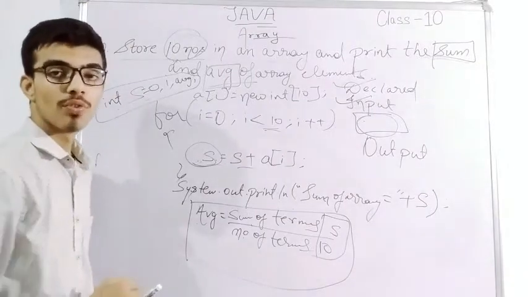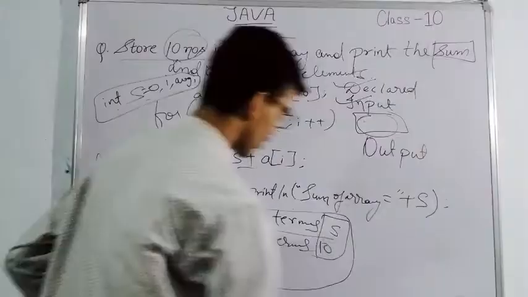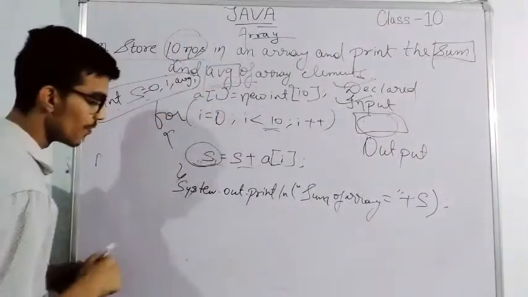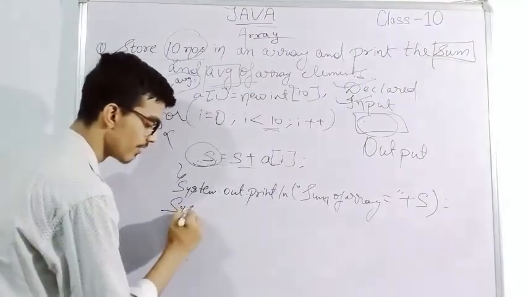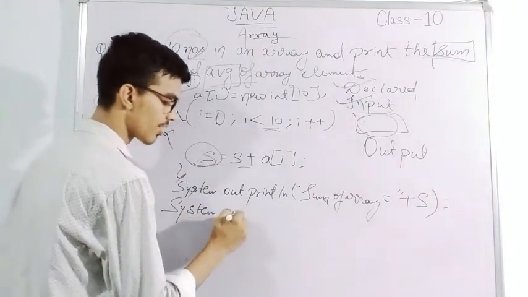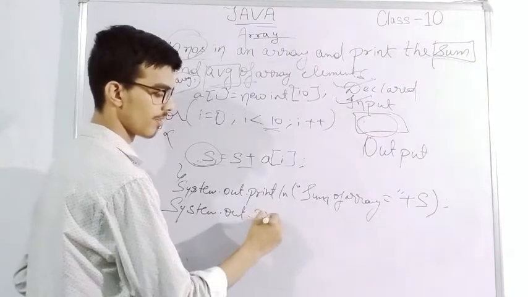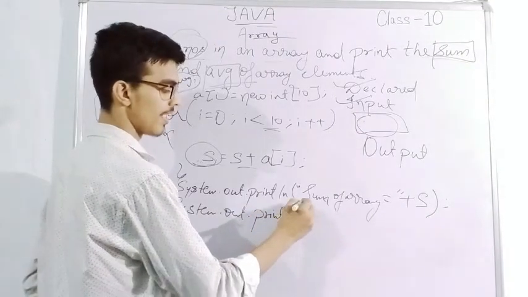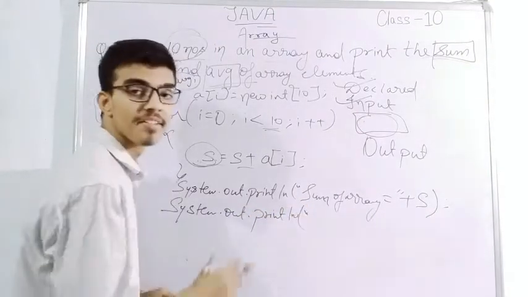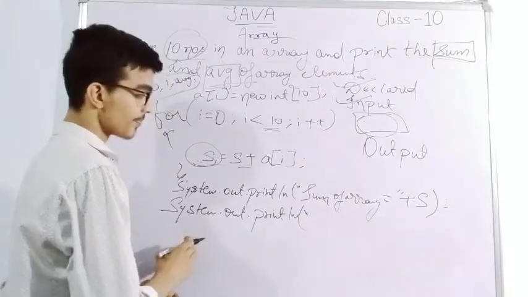So how will we write this in Java? We'll print again with System.out.println.